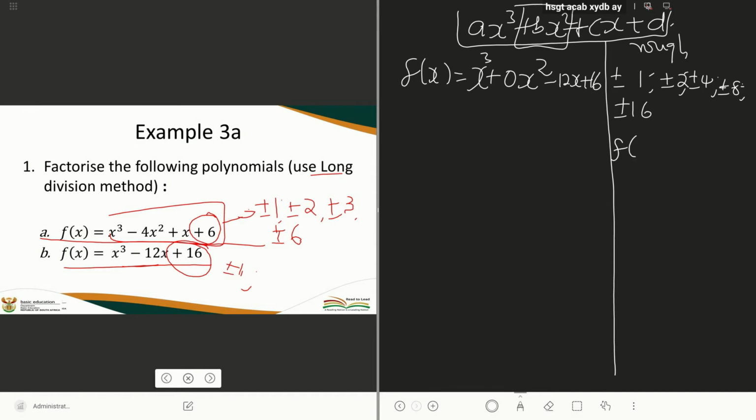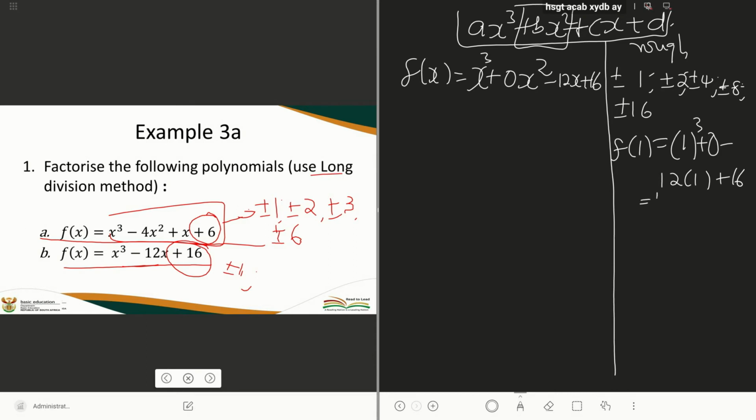Now you need to find your f at 1 using the first factor. Use your trial and error method. f at 1, we have 1 all to the power 3. Then 0 multiplied by x squared will just give us 0. I'll just write plus 0 minus 12 into 1 plus 16.